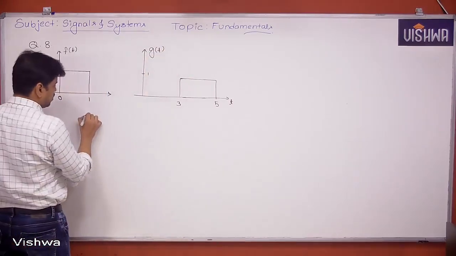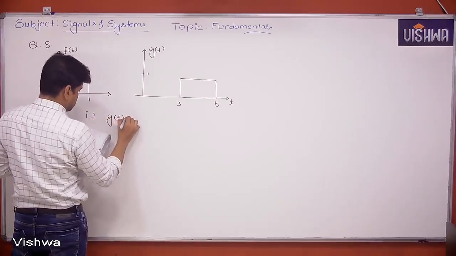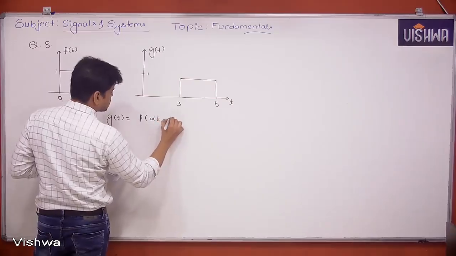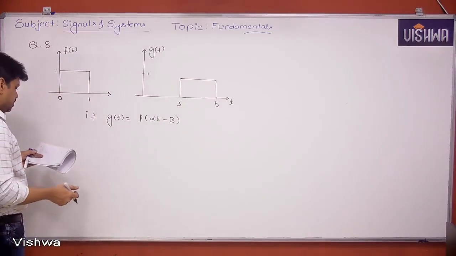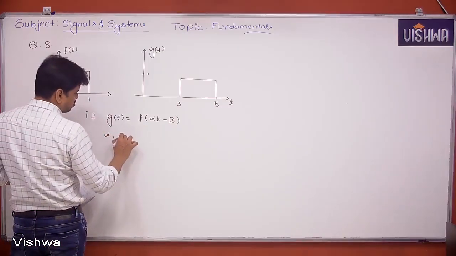And they said if g of t is equal to f of alpha t minus beta, then find alpha and beta. What are the alpha, beta values?